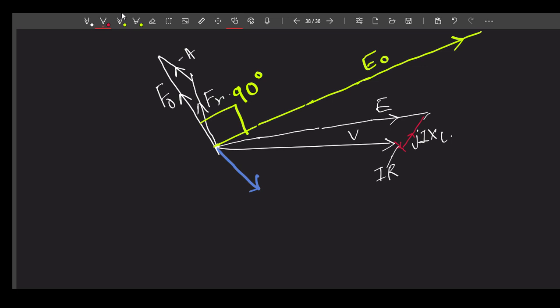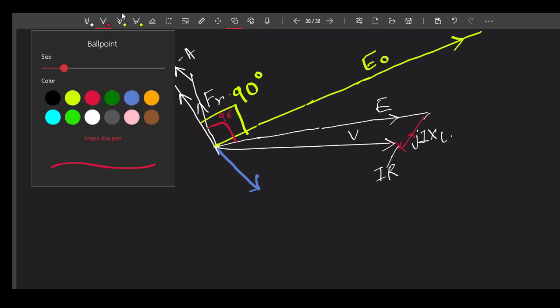Obviously, this FR will make an angle 90 degree with this one.